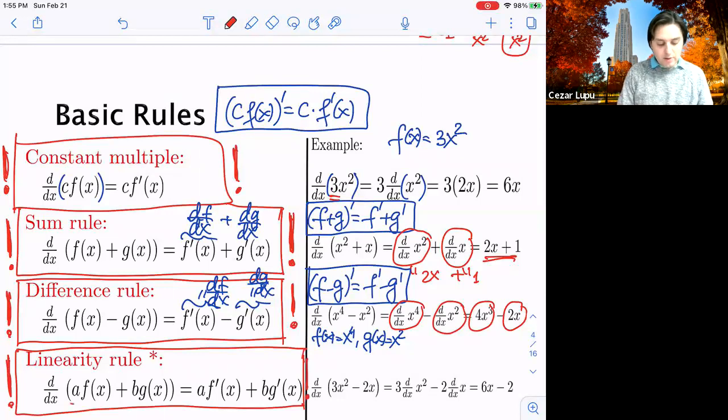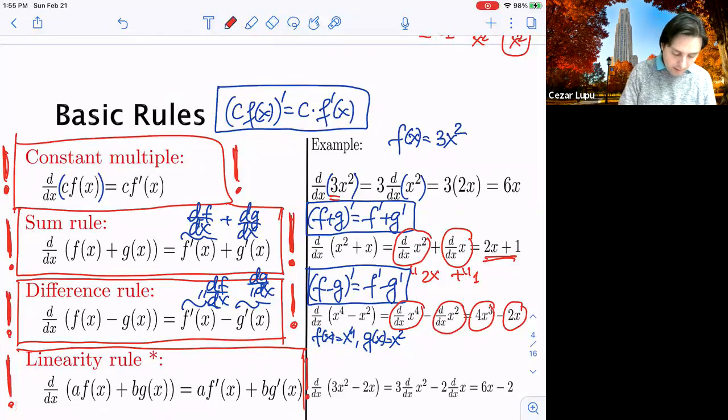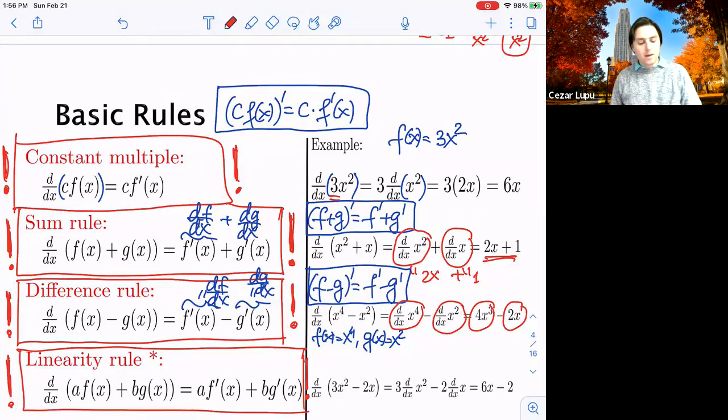Well, because you see when you have these two constants, a and b, and you have this combination, this linear combination, that's why we call this the linearity rule, with these two functions.